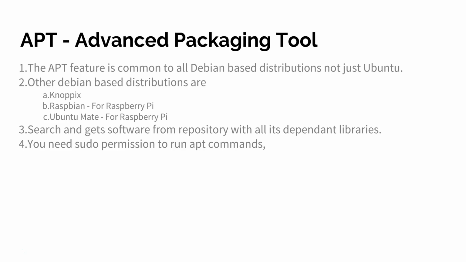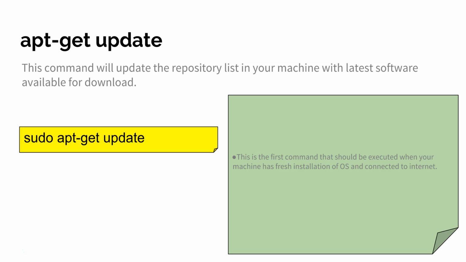So let's get started. When you get a Linux OS like Ubuntu and install it, the first thing you have to do after connecting it to the internet is run apt-get update. This is the first command you have to run.